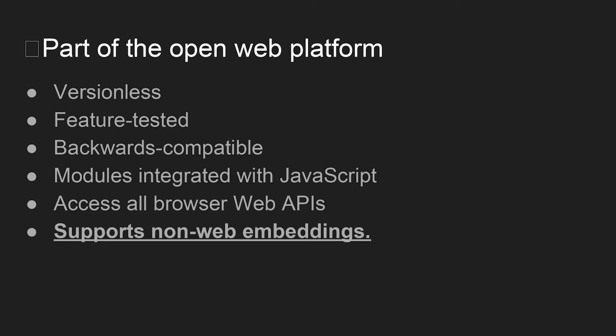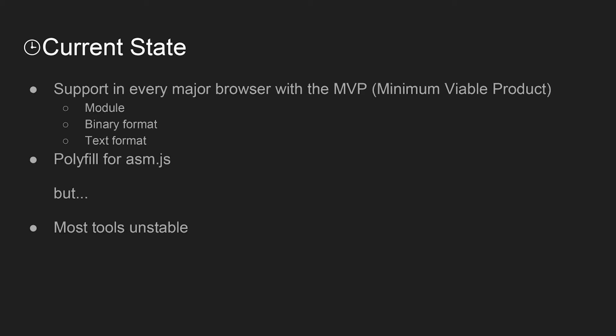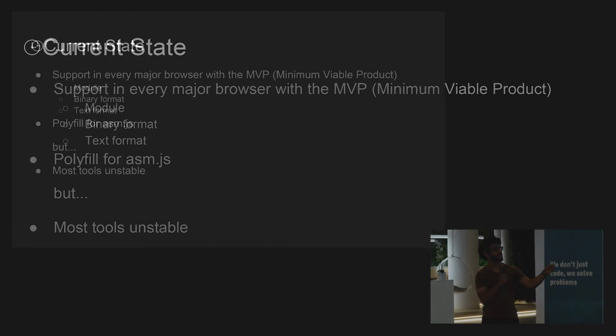Like Node, for example. The current state: every browser, I think it was in 2016, in the last 2 years, implemented the first version. And it is also the actual version. There is not a new version. I said earlier that there weren't versions.